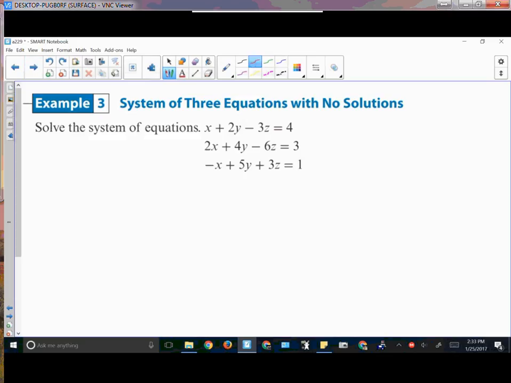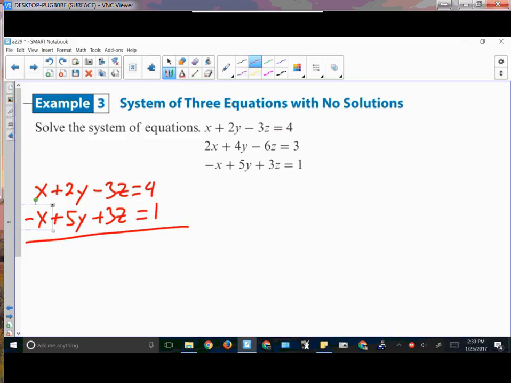So if I take the first one up here that has x plus 2y minus 3z is equal to 4, and I take the second one here, minus x plus 5y plus 3z is equal to 1. Okay? So x's disappear. I get 7y, z's disappear, and I end up with 5.